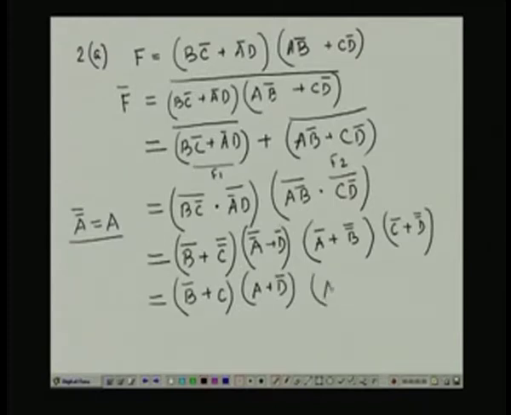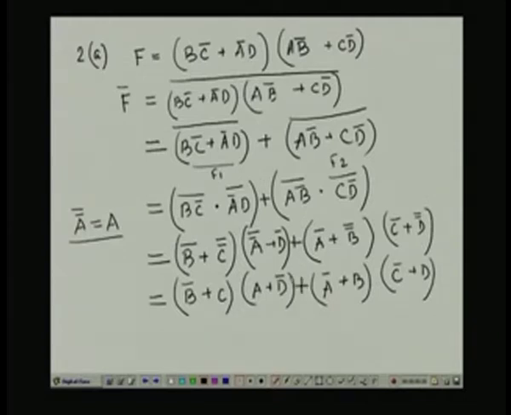This becomes A bar plus B, this becomes C bar plus D. And actually we missed the plus here, this is one plus, it remains as it is.